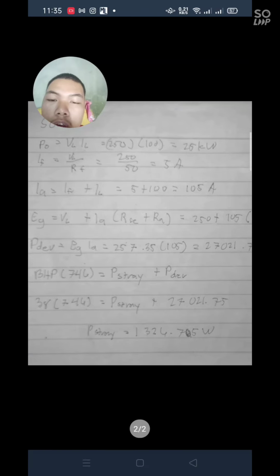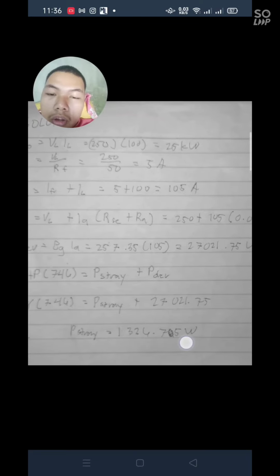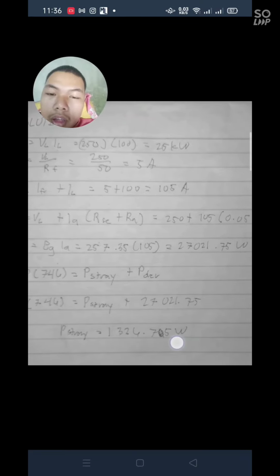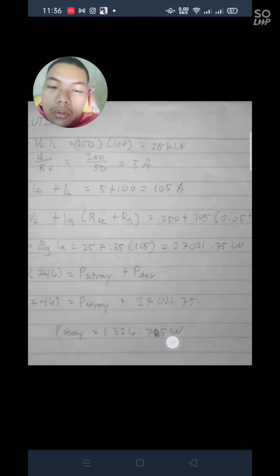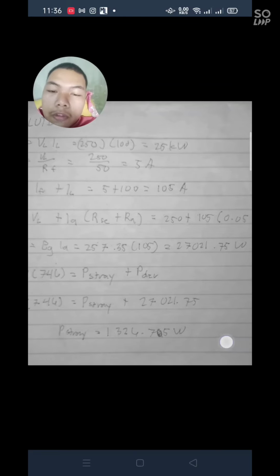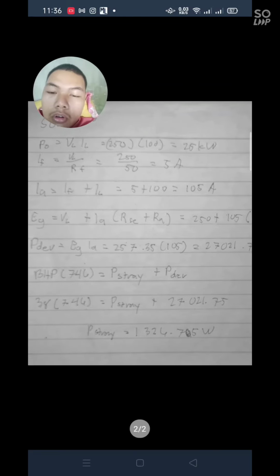Now let's find PDEV. PDEV equals EG times IA. So we have EG of 257.35 times IA of 105. So we get 27,021.75 watts. That is our PDEV, so we can now get the P stray.